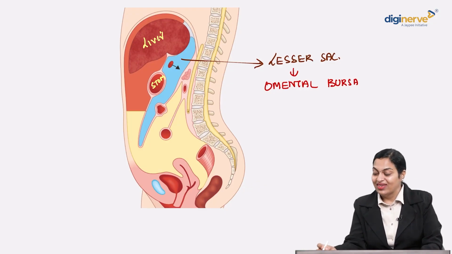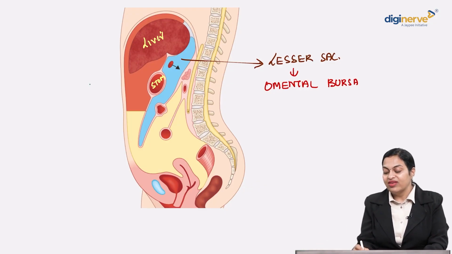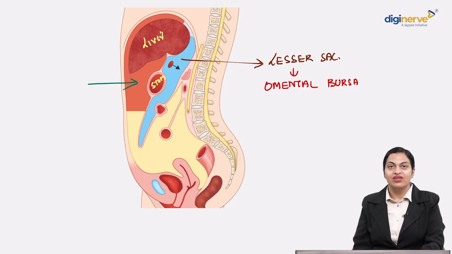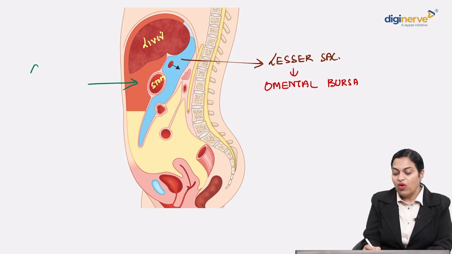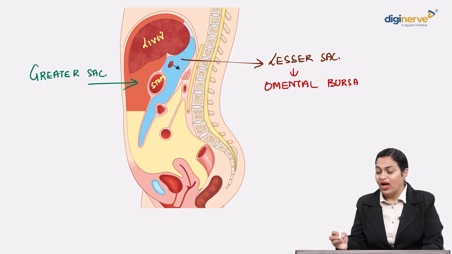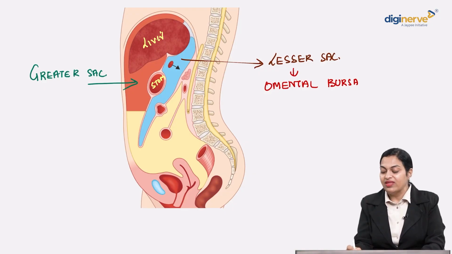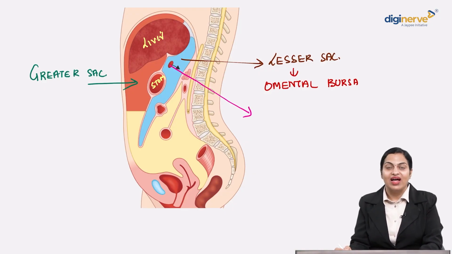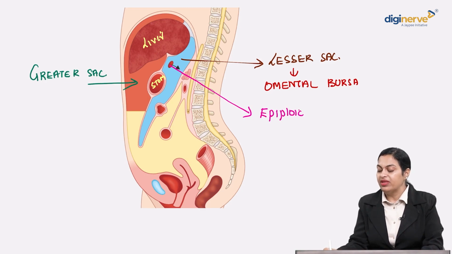And the rest of the peritoneal cavity, we are going to call it the greater sac. The only communication between the greater sac and the lesser sac is this foramen, which is called the epiploic foramen or the foramen of Winslow.